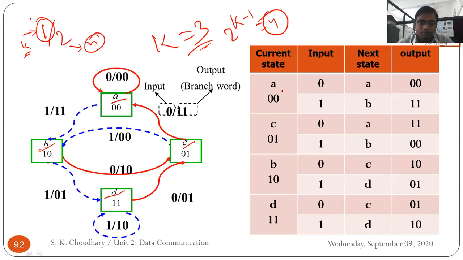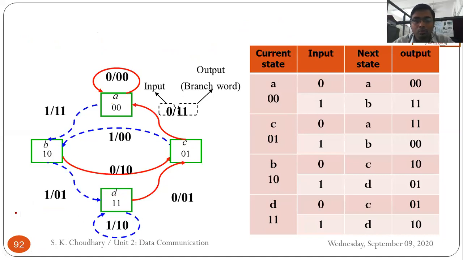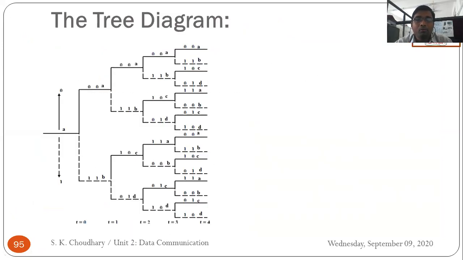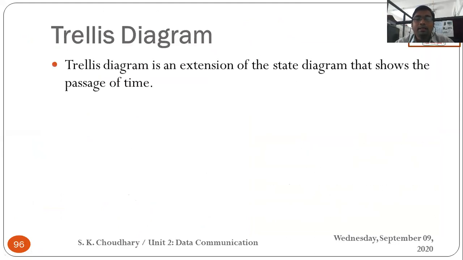If possible, take a screenshot, or note it down in your notebook. Keeping this state diagram or lookup table in front of you will help you draw the Trellis diagram.